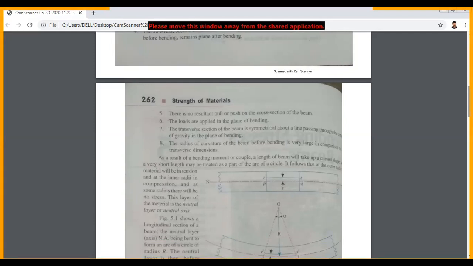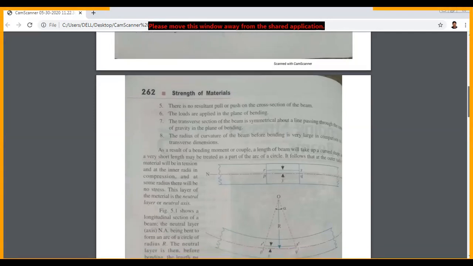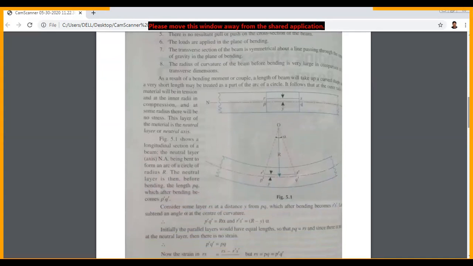Right now, what we'll do is discuss a small element of the beam that is subjected to bending moment, that is, subjected to bending stress. We have a beam, and this beam has a neutral axis. We will be discussing sagging right now, and hogging will be just the reverse of it.